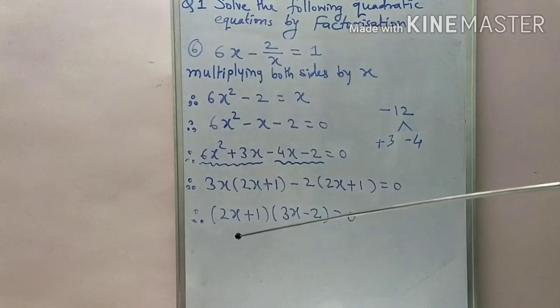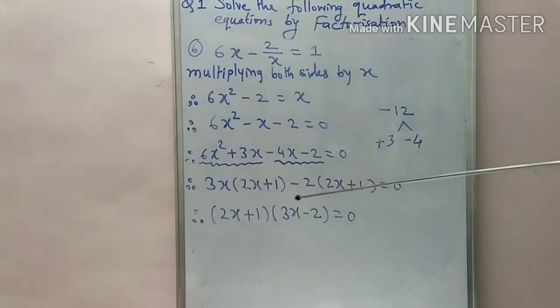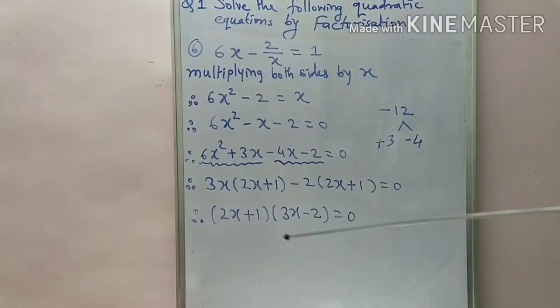The next step is (2x + 1)(3x − 2) = 0, and the next steps are very well known to you: 2x + 1 = 0 or 3x − 2 = 0, and simplify it to get the roots of the equation.